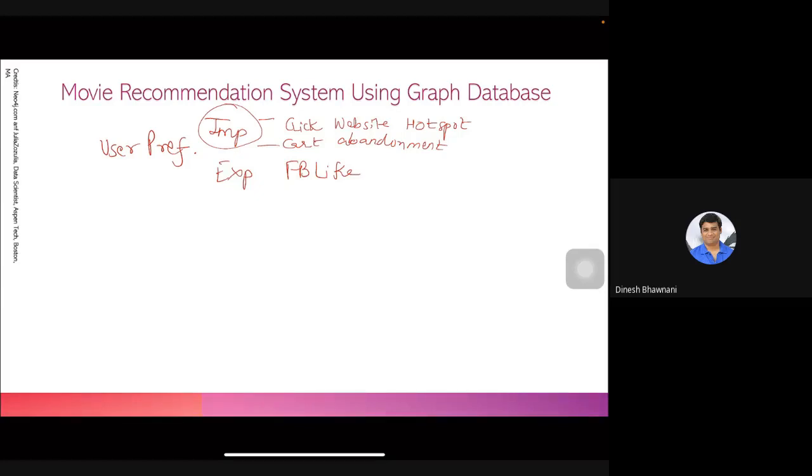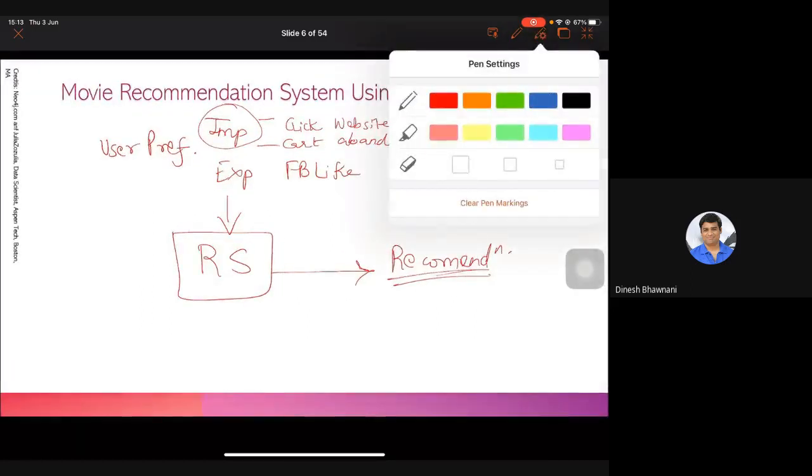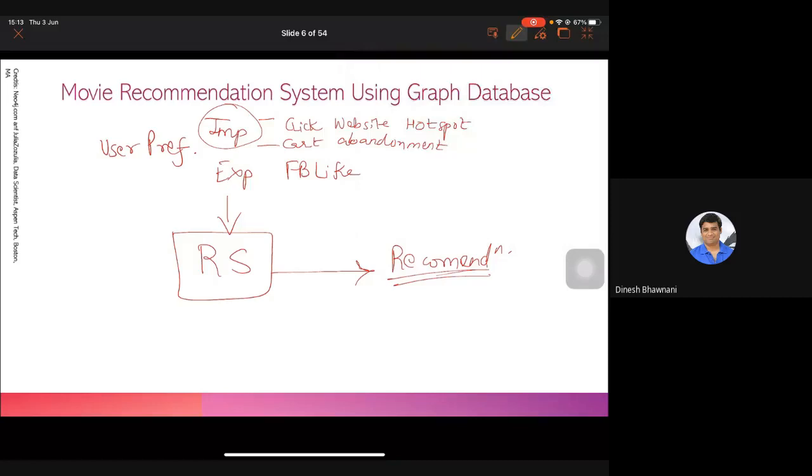So then you take all these inputs. Where does it go? It goes into your recommender system. Then it will generate recommendations. This is what we usually think, right? Actually, there's one more thing. See whether the recommended output has caused the desired action or not.